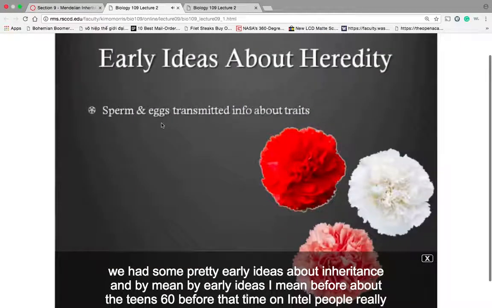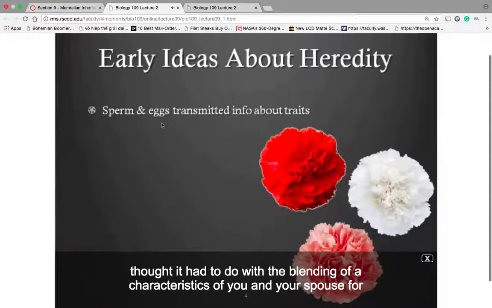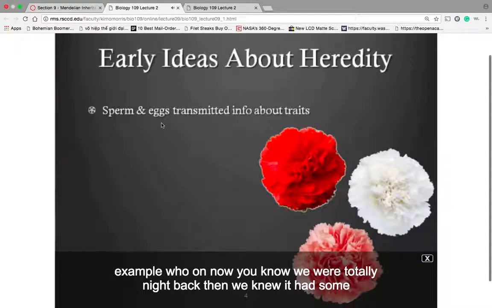Well, we had some pretty early ideas about inheritance. And by early ideas, I mean before about 1860. Before that time, people really thought it had to do with the blending of characteristics of you and your spouse, for example. Now, we weren't totally naive back then.